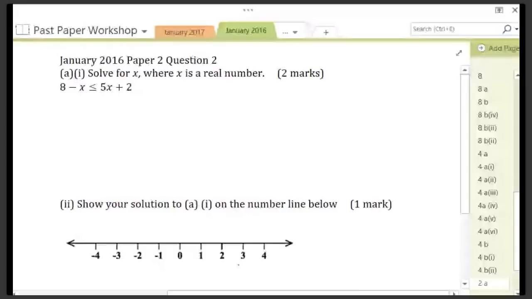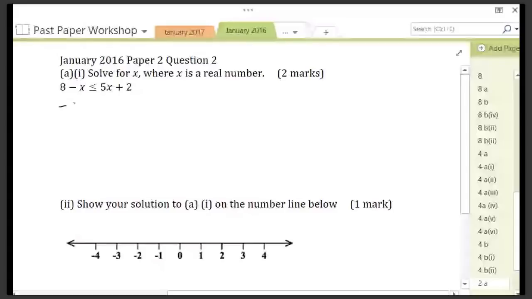Solve for x where x is a real number, and for 2 marks, so they give you this inequality here. So what I would recommend is bring all the x terms to the left hand side, put all the numbers to the right hand side. So this here is minus 5x, because remember you're treating this inequality sign like an equal sign.